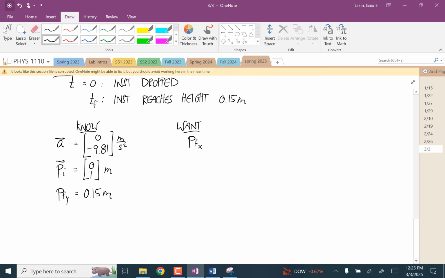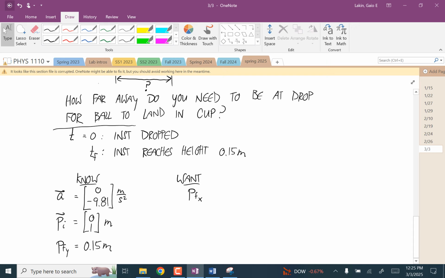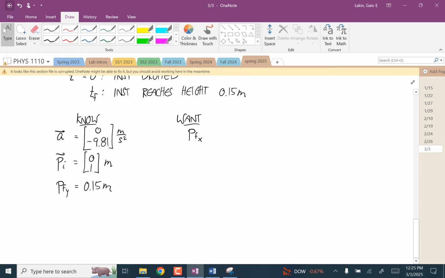Then the initial velocity. Okay, so how do we know the initial velocity? Well, the velocity when something is dropped, at the instant it's dropped, is the velocity of what it's dropped from. This skateboard is moving horizontally at 5 meters per second.